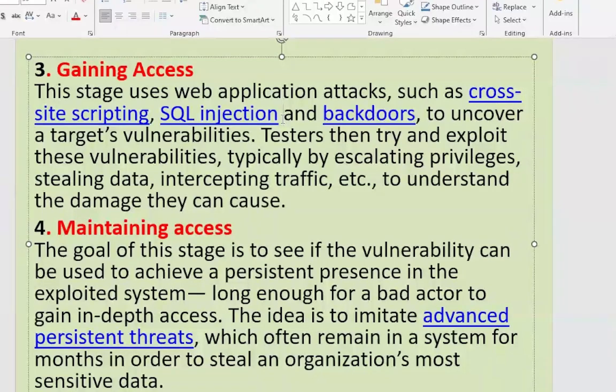So here SQL injections are backdoors to uncover the target's vulnerability. To target the vulnerable area, you must have proper knowledge of SQL injection. This is a very important point. Testers then try to exploit these vulnerabilities. Now a tester can attack those areas, and of course we have not discussed the backdoor.